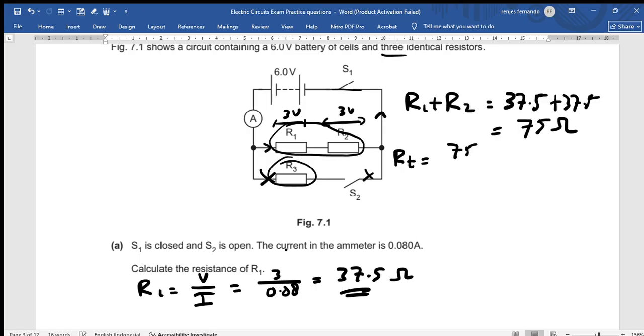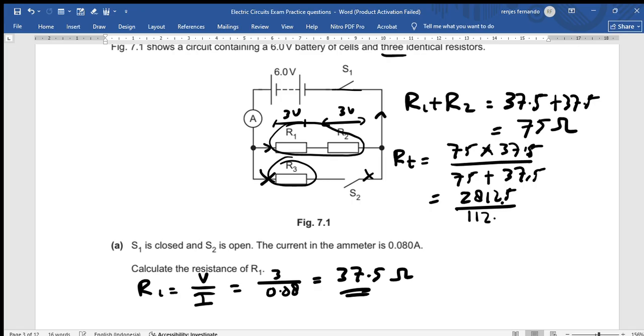There are three identical, so the total resistance is 75 times 37.5 divided by 75 plus 37.5, which is 2812.5 divided by 112.5.